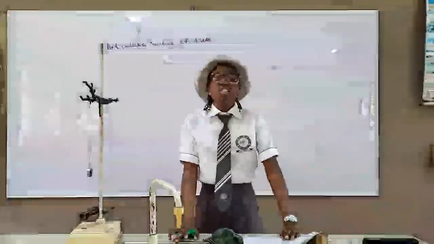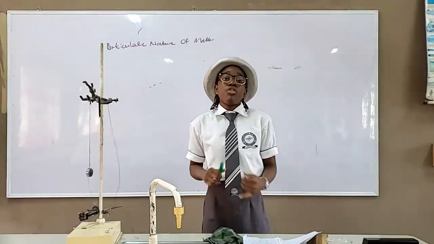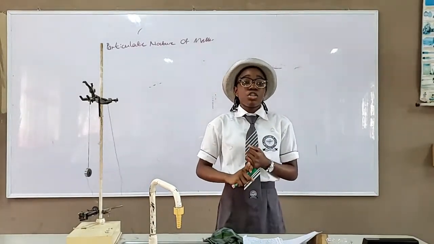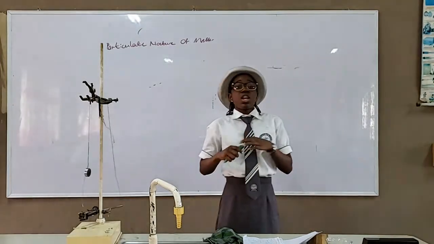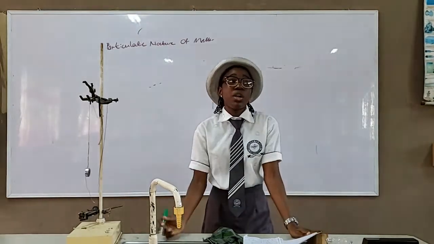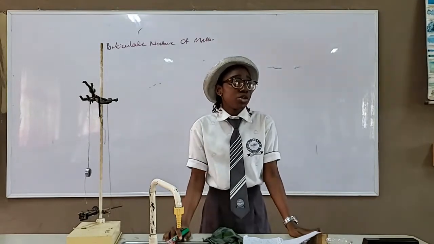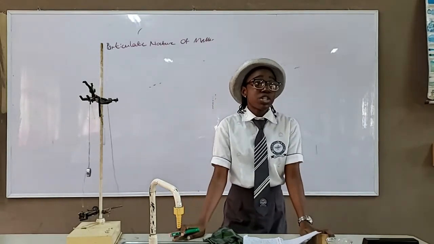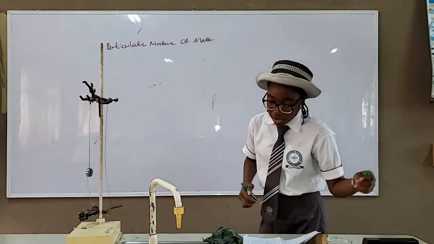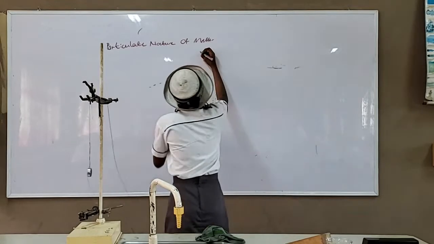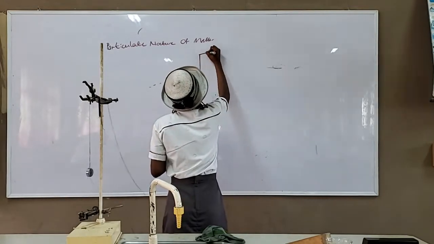Brownian motion is defined as the random, constant, and irregular motion of tiny particles. An experiment that can show Brownian motion is the smoke cell experiment. I'll draw that for you. Basically, it's this.